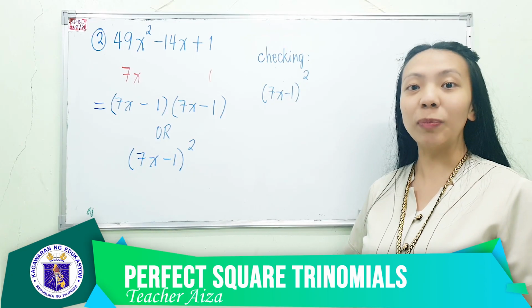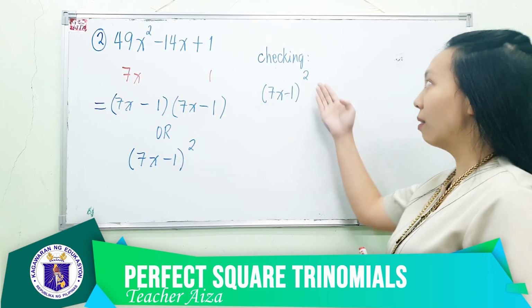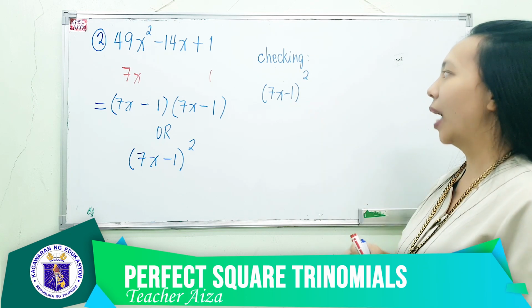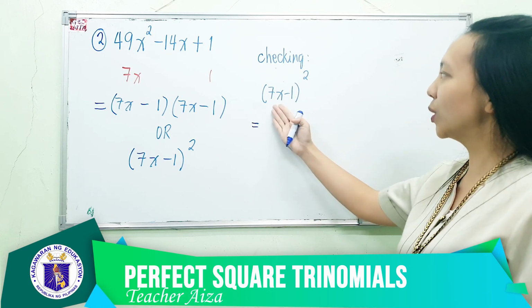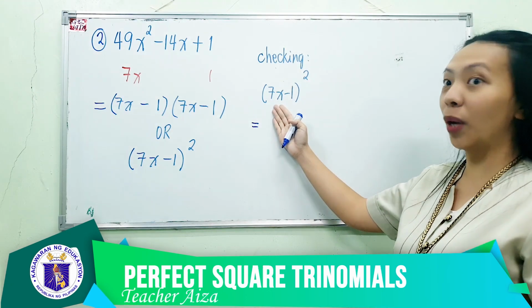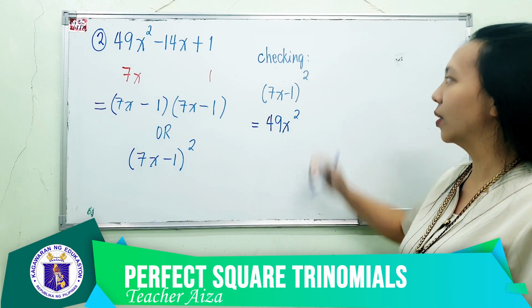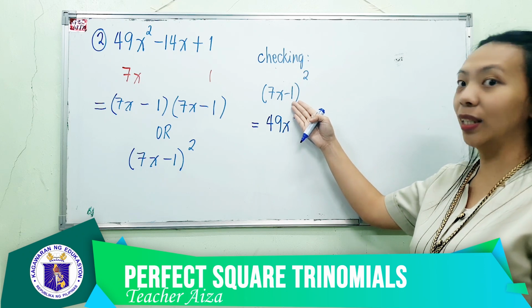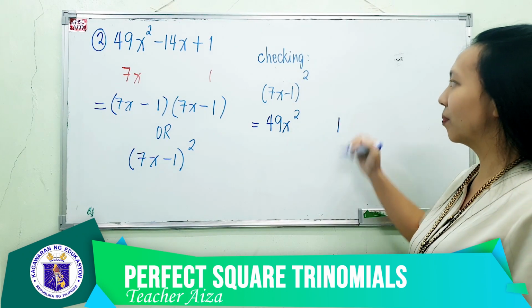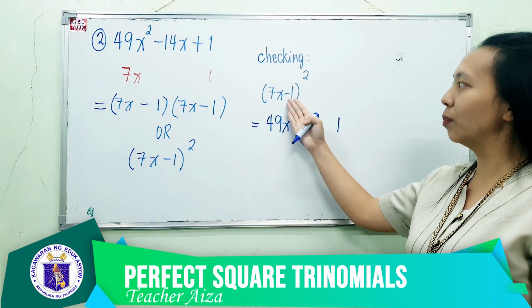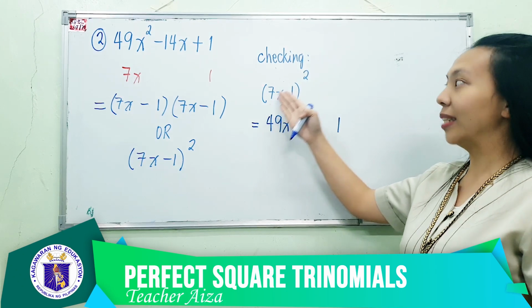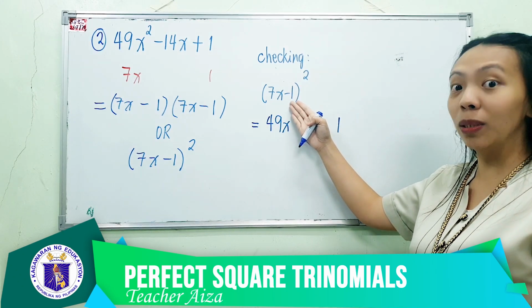Let us use the special product, the square of a binomial. How do we do that? We square the first term. The square of 7x is 49x squared. We square 1. The square of 1 is 1. We multiply the two terms, 7x times negative 1, and then double the product.